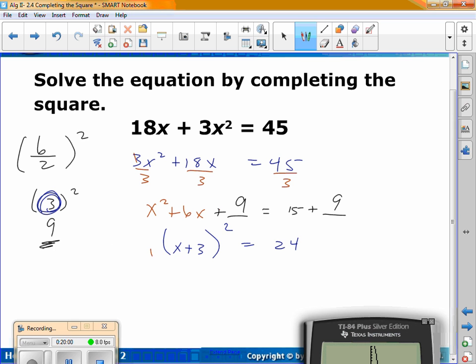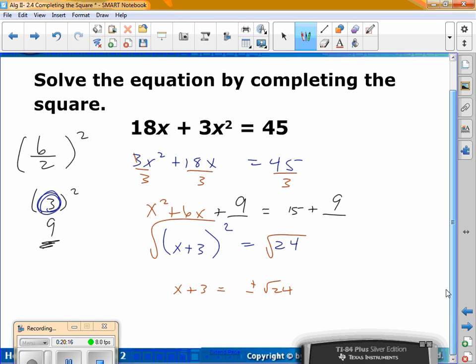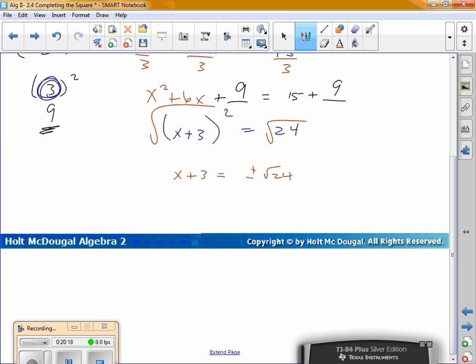Take the square root. x + 3 equals plus or minus the square root of 24. We've got to move the 3 over. So x equals negative 3 plus or minus the square root of 24. I will accept that as an answer.